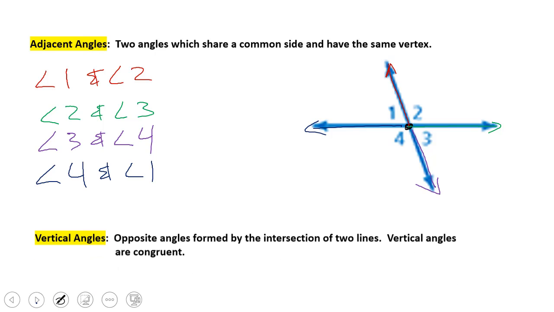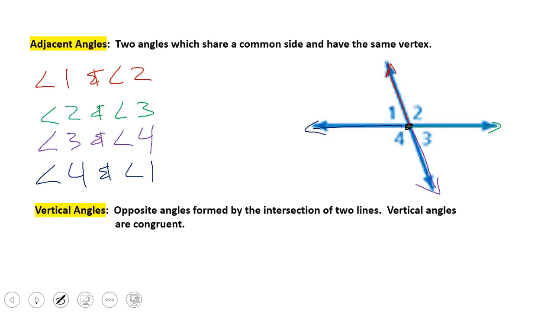Let's talk about our vertical angles. Vertical angles are formed by the intersection of two lines. This is what we have here, two lines that intersect. Vertical angles are congruent. If you remember the congruent symbol, it is a wavy line with an equal sign under it. That is what congruent means.